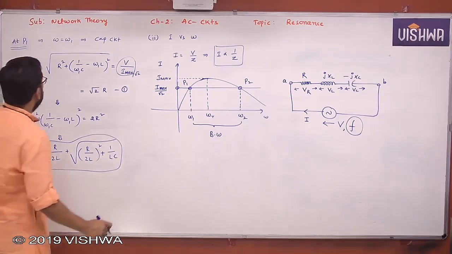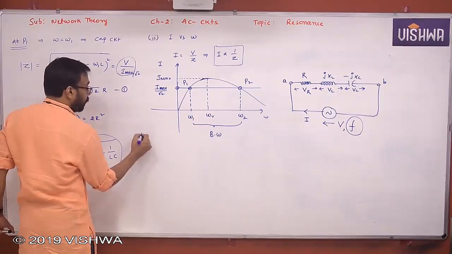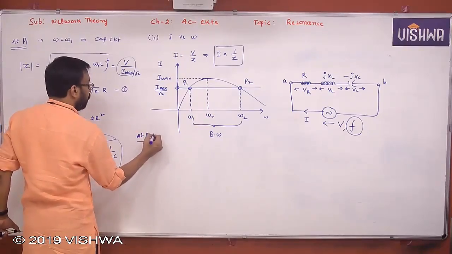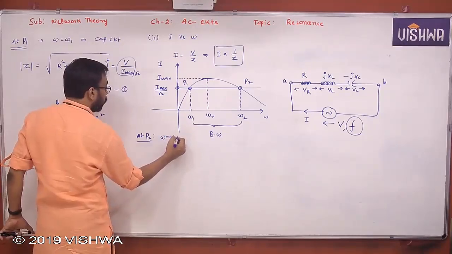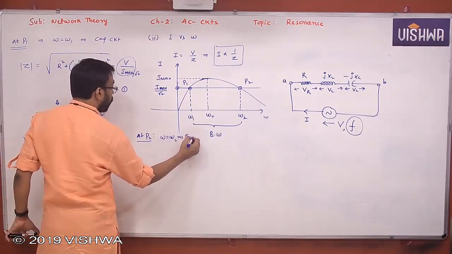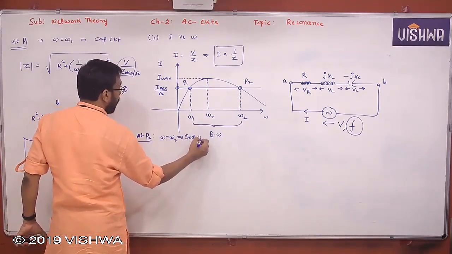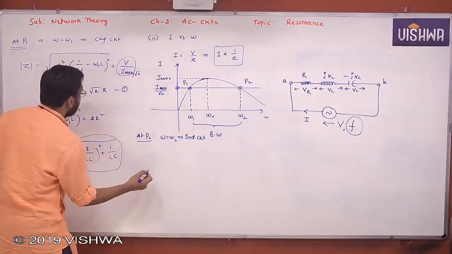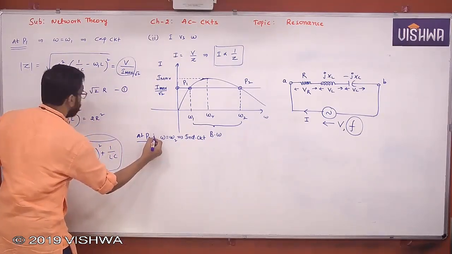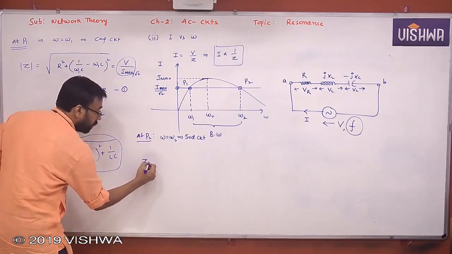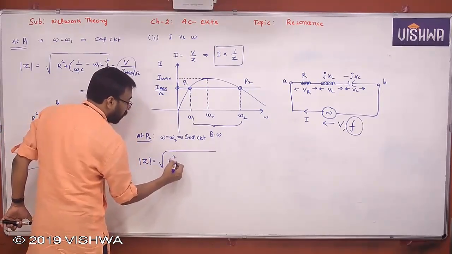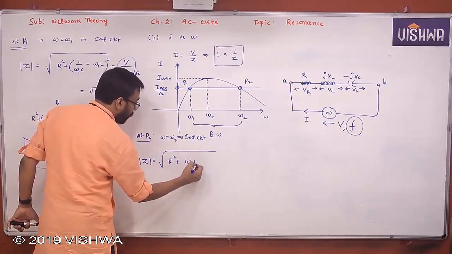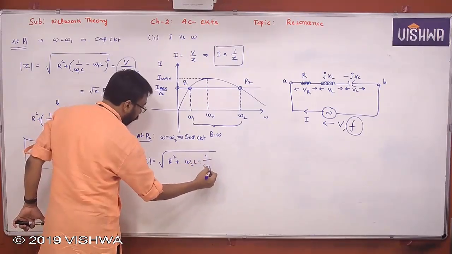Now similarly at P2, omega is omega 2, and the circuit is behaving like an inductive circuit. So now Z is equal to root of R square plus (omega 2 L minus 1 by omega 2 C) square.